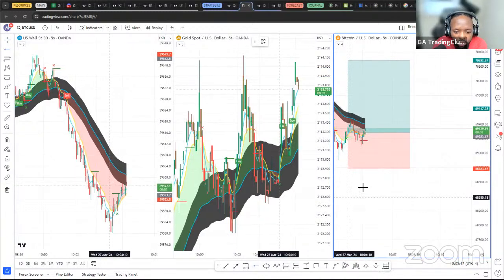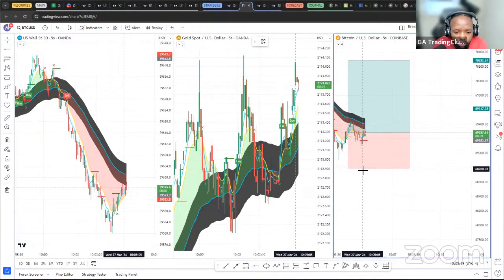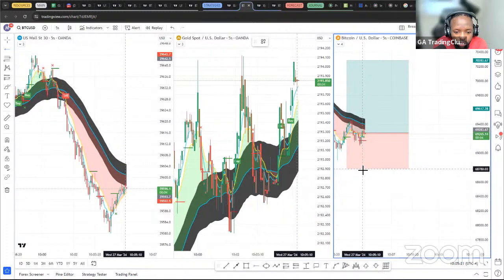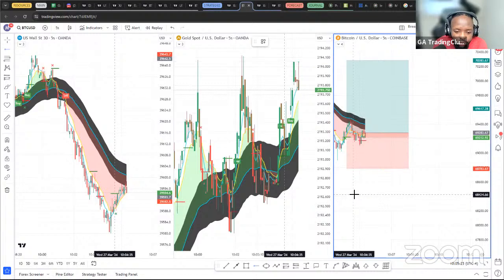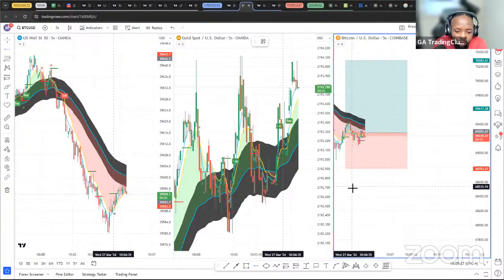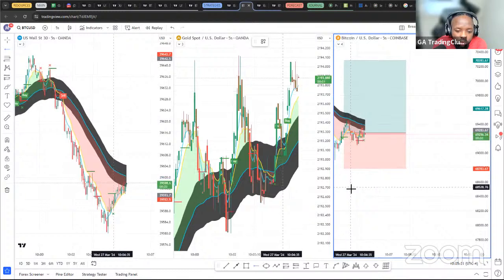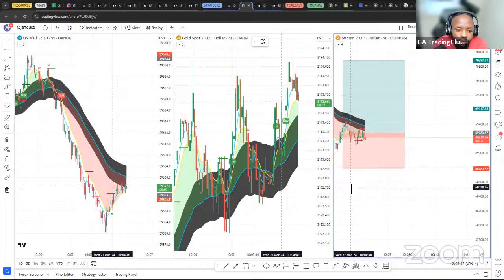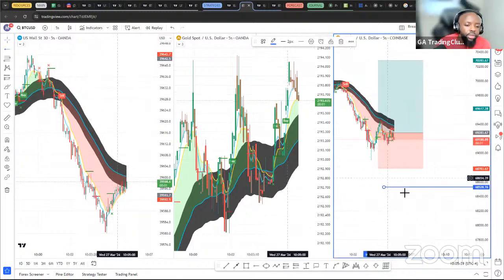I want to add a 250 zone. 780 less 250 is 530. 530. Right.